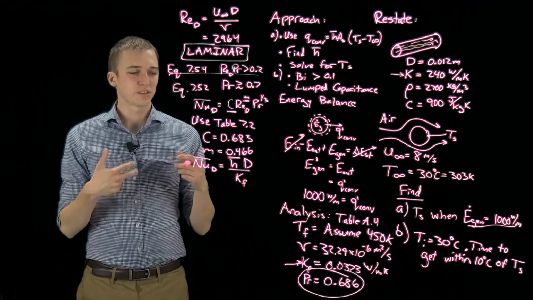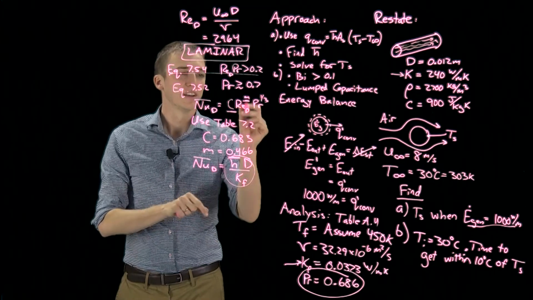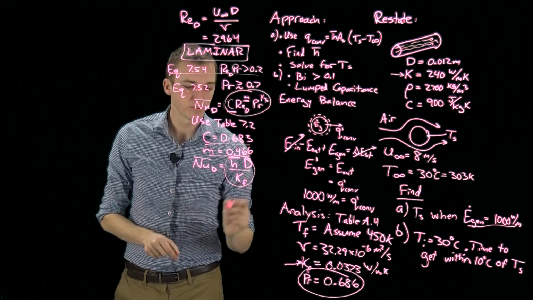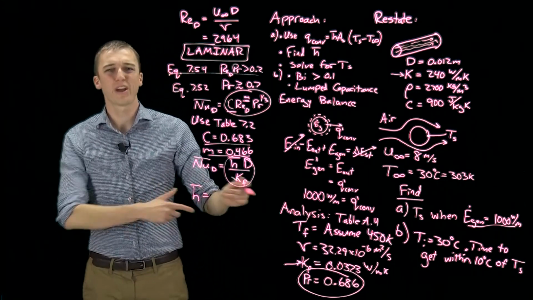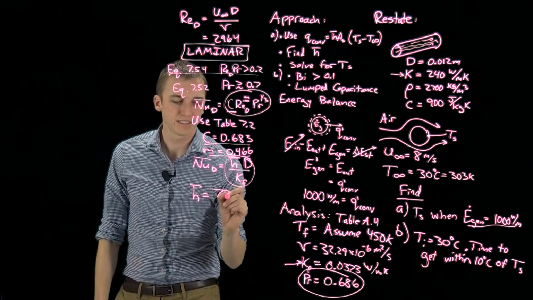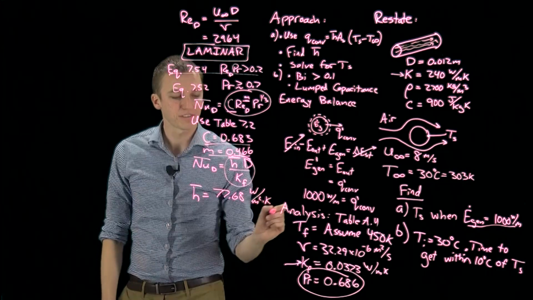Okay, so now equating this equation right here to this equation right here, using these constants, we can then solve for h bar. Not going to write it all out, but you end up getting an h bar of 77.68 watts per meter squared Kelvin.